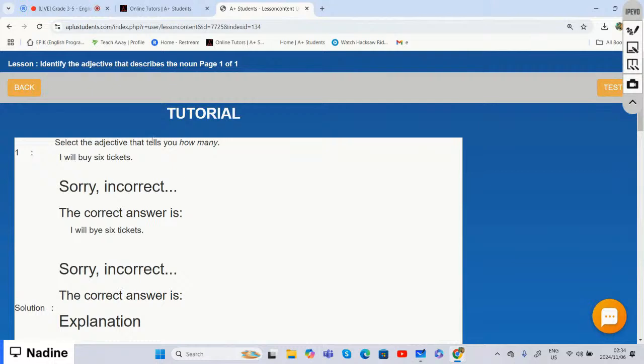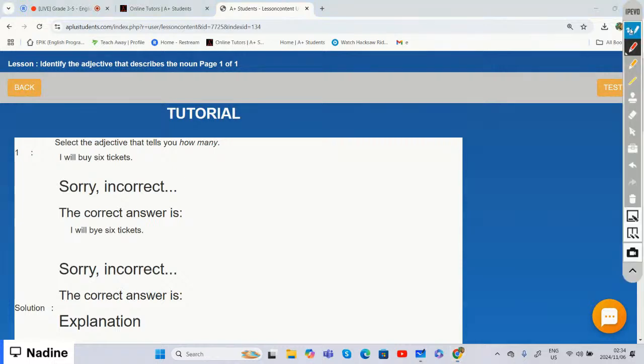All right. And if we were to select the adjective that tells us how many, then yes, we will say six tells us how many tickets they bought, or I will buy, they will buy.